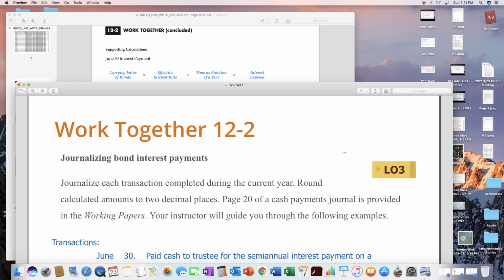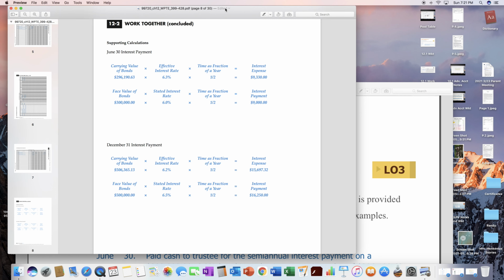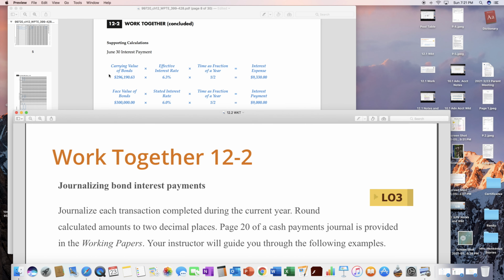I can't make that smaller, huh? We'll go up here a little bit. So here's the carrying value times the effective interest rate times time. This is our expense. The stated interest rate times the face value is our payment. So this will be the cash credit that we use.